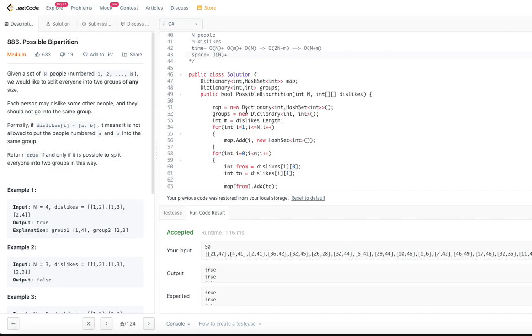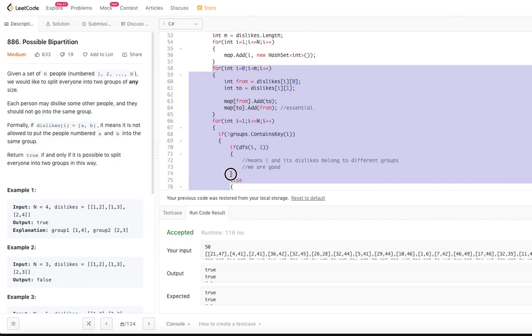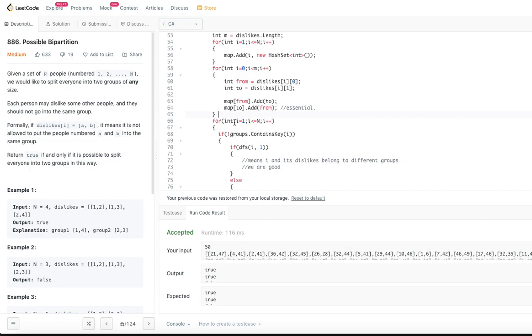And what is the map going to take? Again, we are going through the number of dislikes, but as we are building through the dislikes, there can be n people disliking everyone. If there exists a person who doesn't dislike anyone, that's a different case.